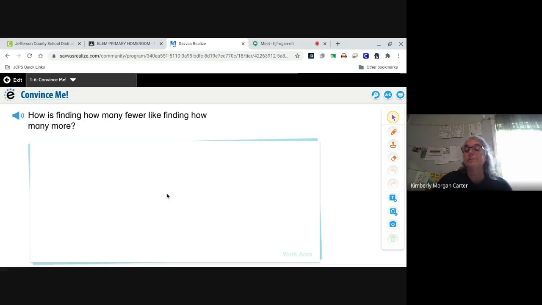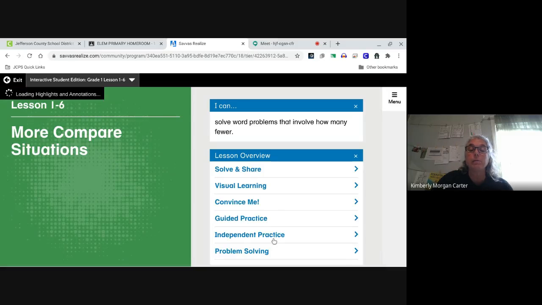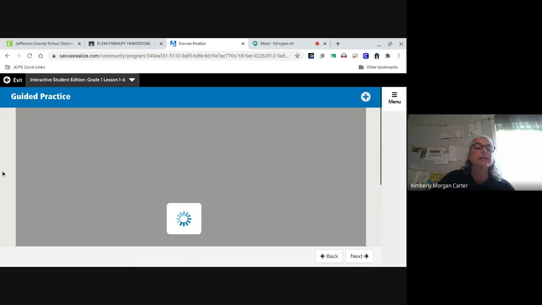This is our convince me problem. Let's go back out and hop back in and see if we can find the right spot for us. I don't know why I have so many problems with this, and after 5 lessons, you'd think I'd find it quickly. Here we go. Guided practice. That's where we want to be.